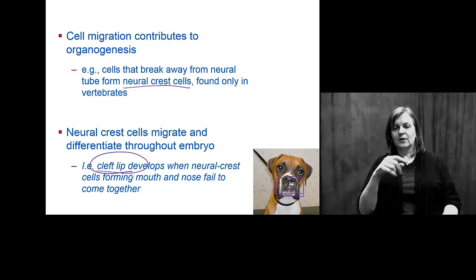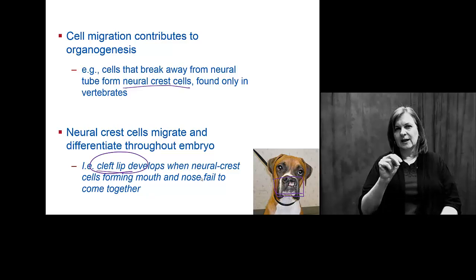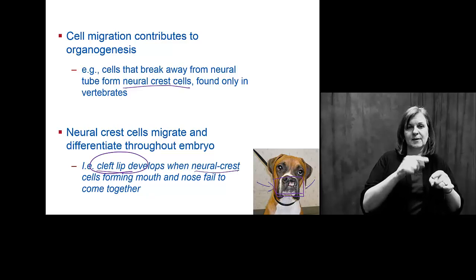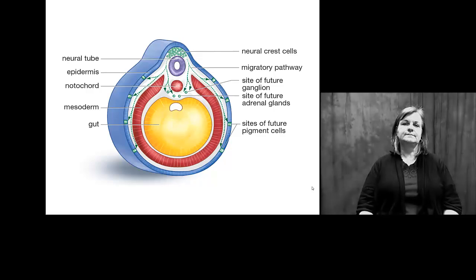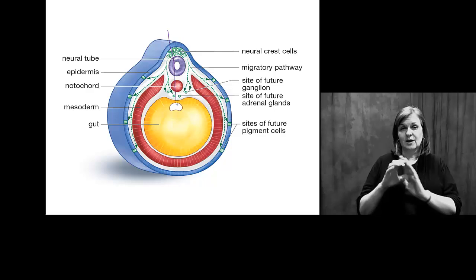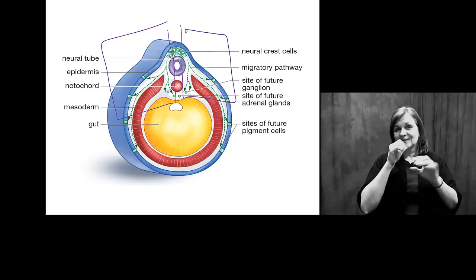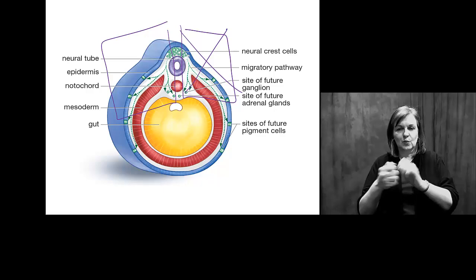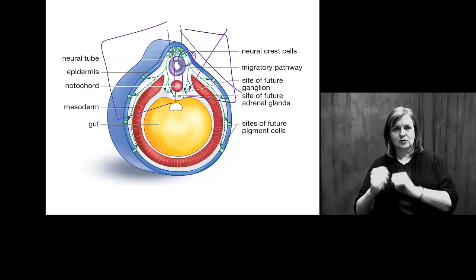The connection between the mouth and nose failed to form properly because the neural crest cells migrated properly on his left side, but on the right side did not. So in our puppy, the neural crest cells on one side would have migrated properly, and the ones on the other side did not. So any features associated with those particular crest cells that did not move properly wouldn't form the proper structures.